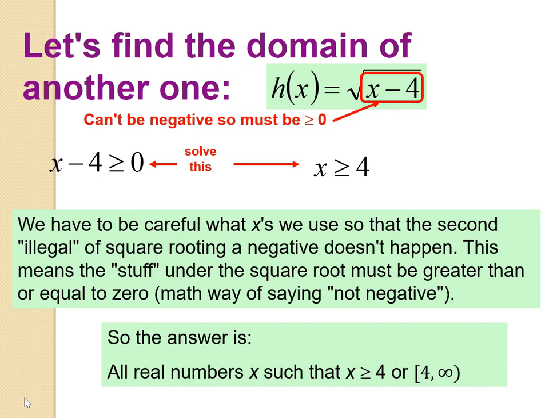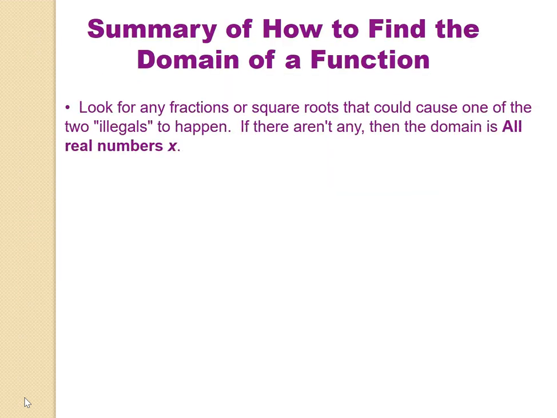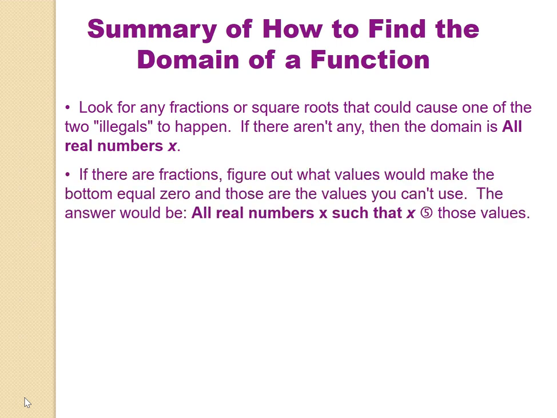All right, so to summarize our three little steps, here's a summary of how to find the domain. First, look for any fractions or square roots that could cause one of the two illegals to happen. If there aren't any, the domain is all real numbers x. If there are fractions, figure out what values would make the bottom equal to 0, and those are the values you can't use.